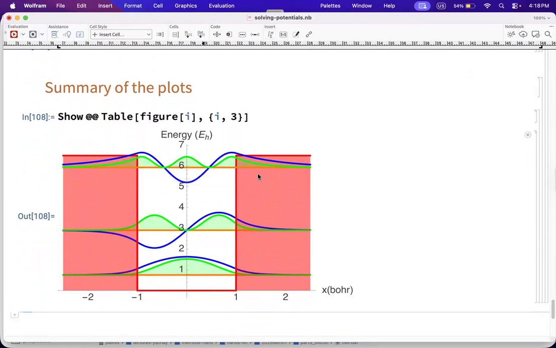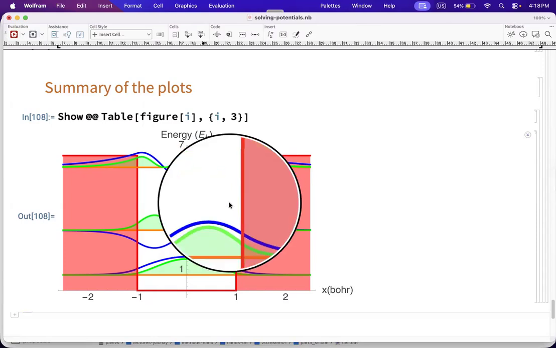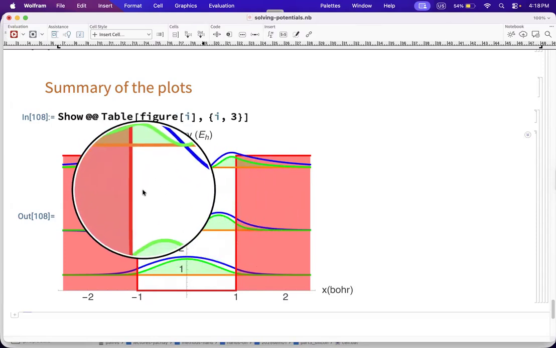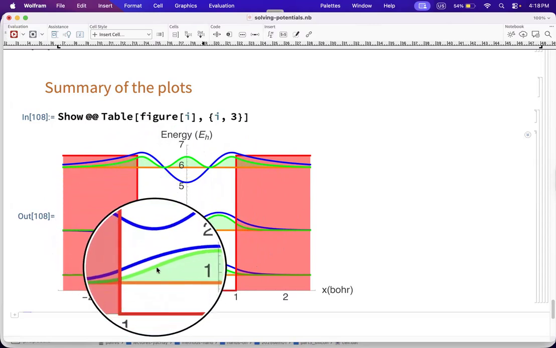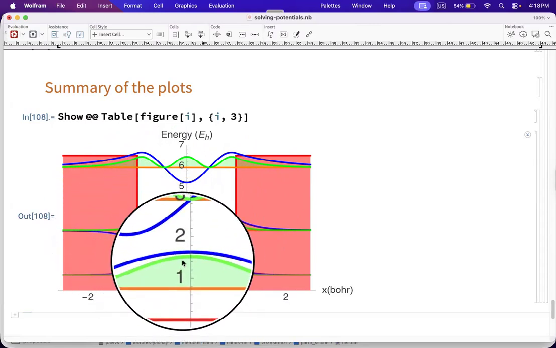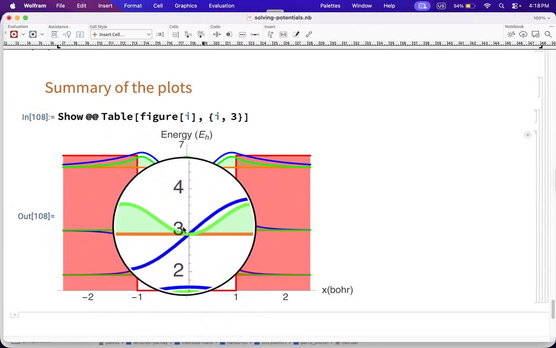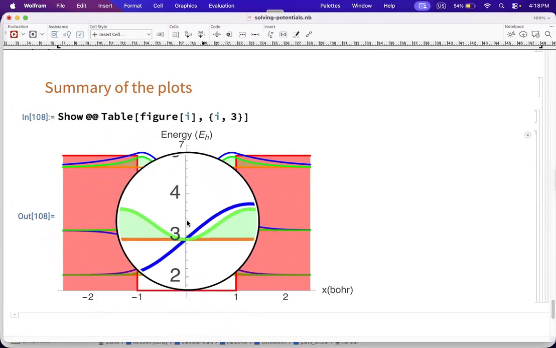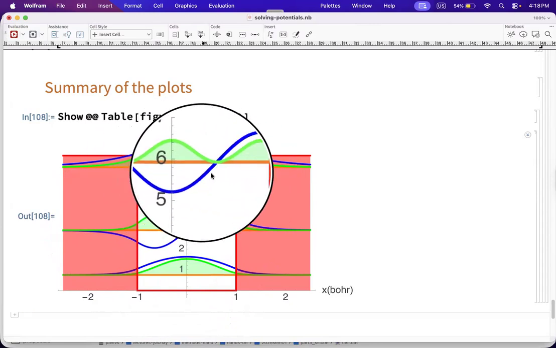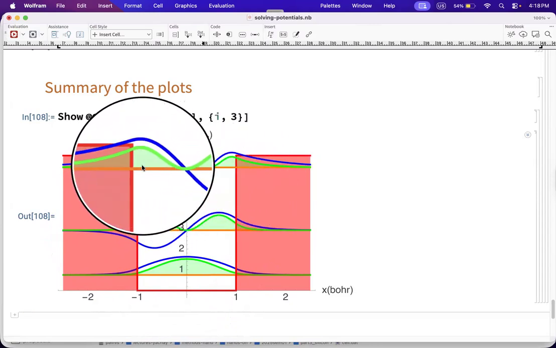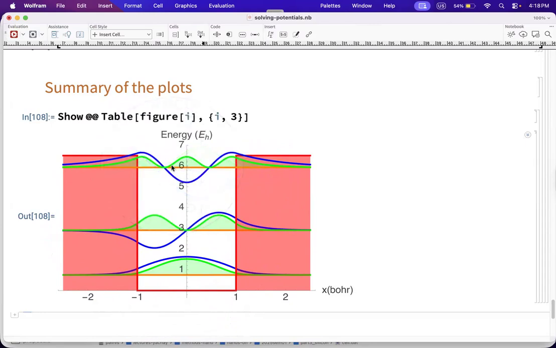After you do this summary of the plots, you're going to see that for the wave functions there are no nodes in level 1, so we sometimes call this an s orbital. One node is a p orbital, and two nodes is a d-like orbital, right? Another thing to remember is that for the p orbital, the probability of finding the electron exactly in the middle is 0.